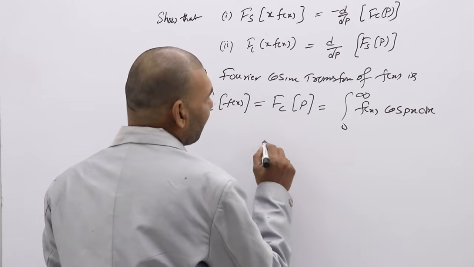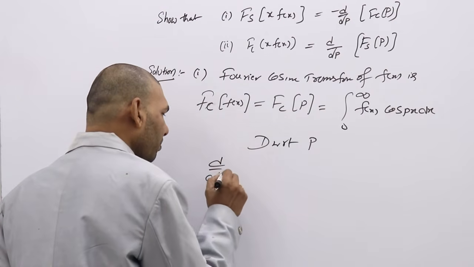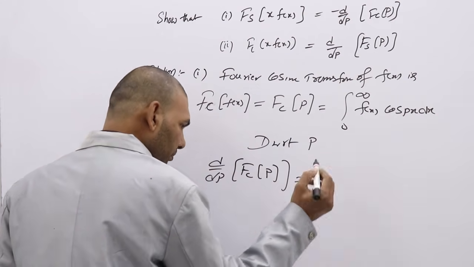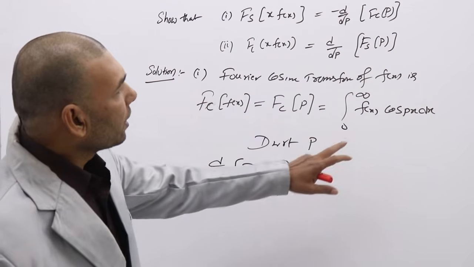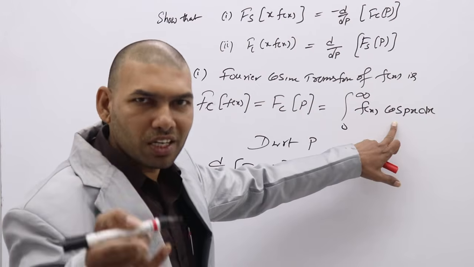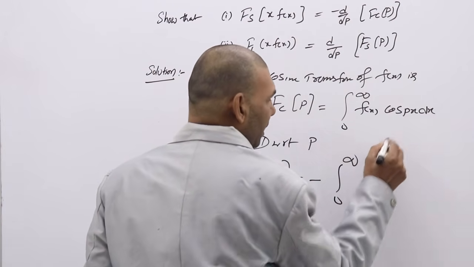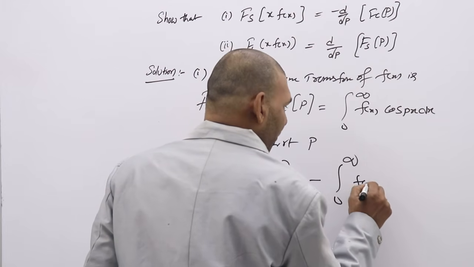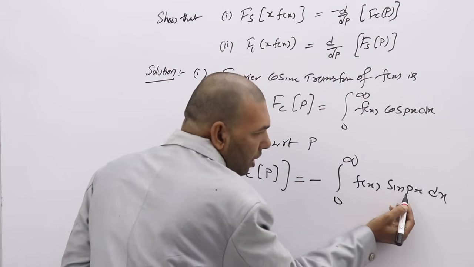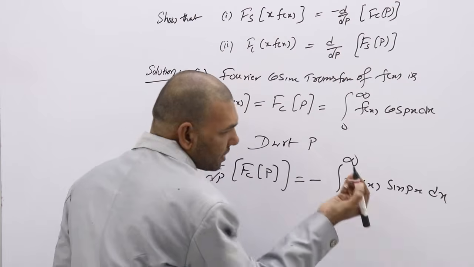Now, differentiating this with respect to p: d by dp of fc of p equal to, the differentiation of cos is minus sin. So what you will get? Minus integral 0 to infinity f of x sin px, but with respect to p the coefficient you will get here is x.